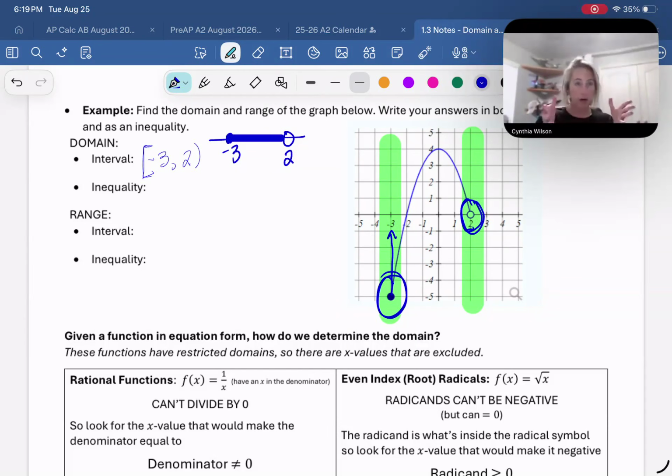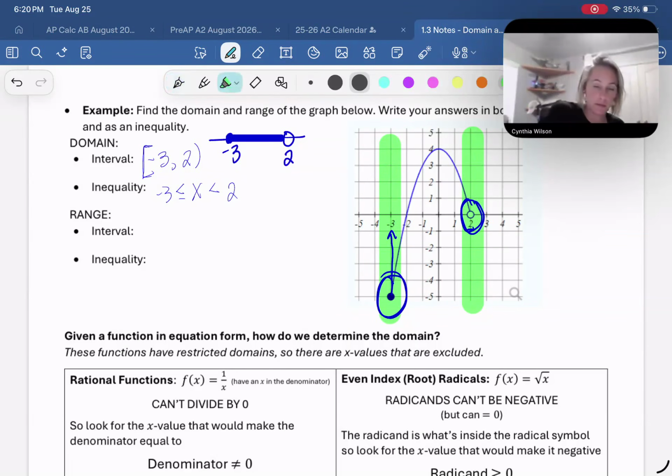Okay, so now we're at an inequality. And since they're connecting, that means x has to be between. So x with 2 less than symbols. Left side, -3. Right side, 2. -3 needs something, though. It needs an equals to. Good, good. It needs that little line underneath it, whatever you want to call it. I don't care.